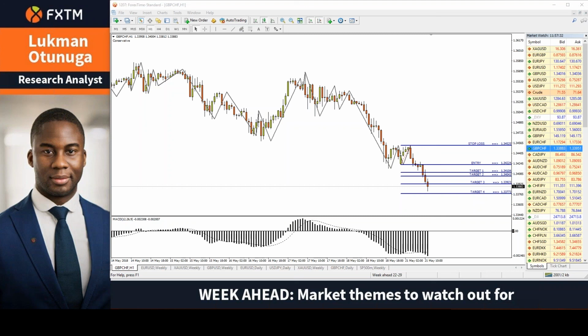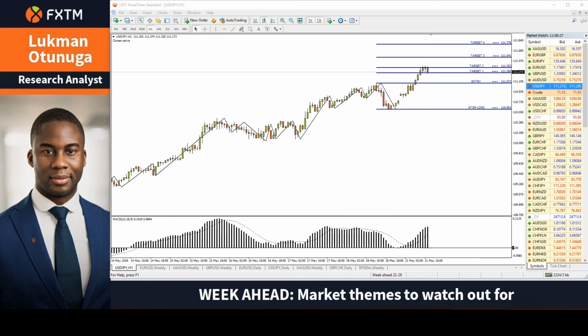Let me load one more chart. So we have the dollar yen on the hourly chart right here.